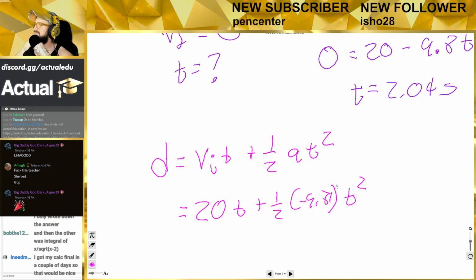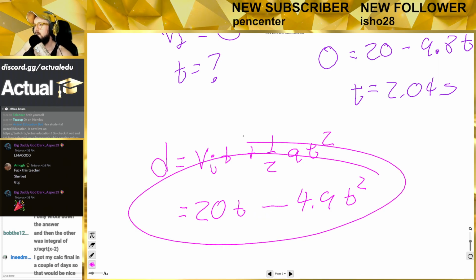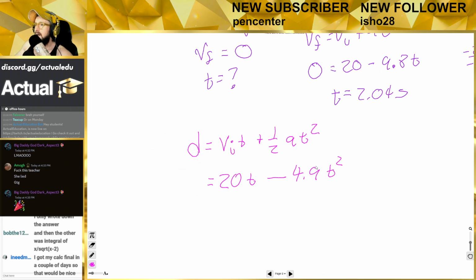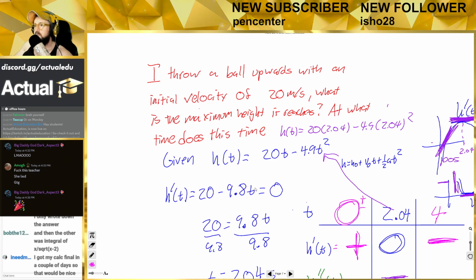If I evaluate this, it's basically minus 4.9, so this becomes 20T minus 4.9 T squared. Notice, Jamarcus, how this equation is the exact same one that was given when we said H was equal to 20T minus 4.9 T squared.